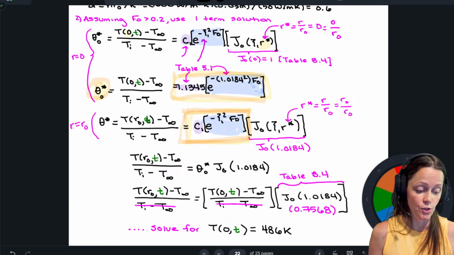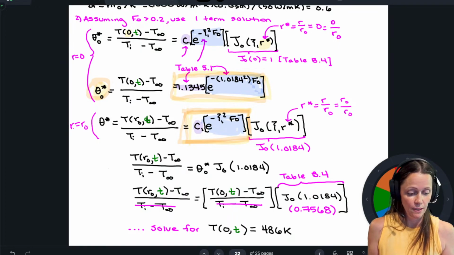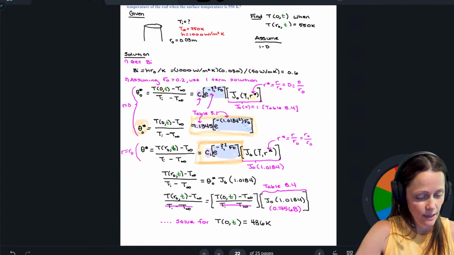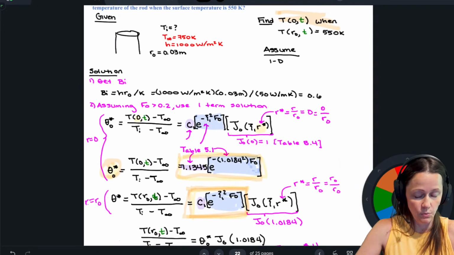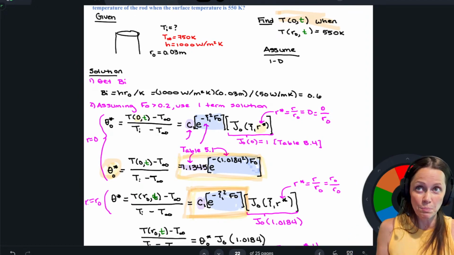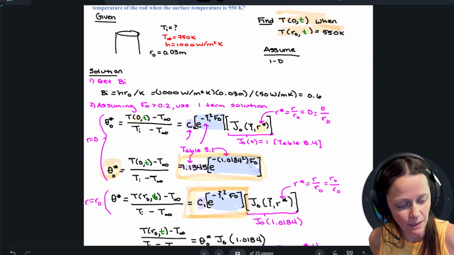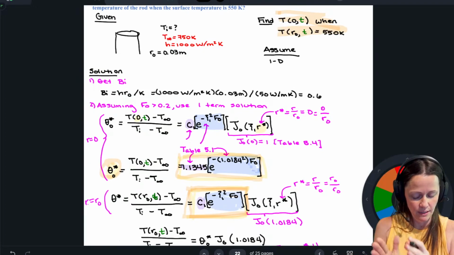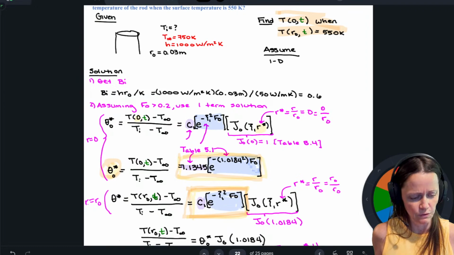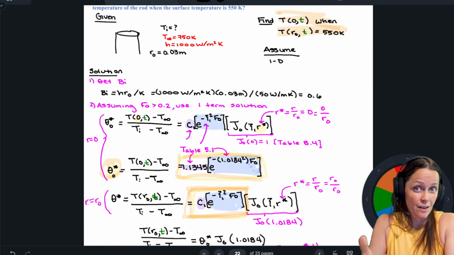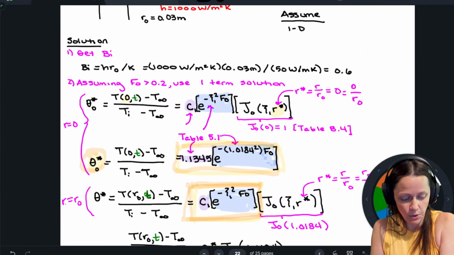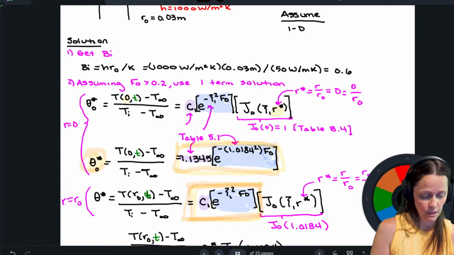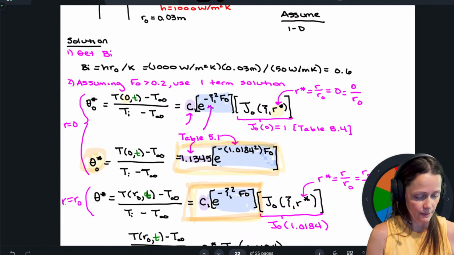It's only dependent on the time, and we are looking at the temperature at the center at the same time that the surface temperature is 550 Kelvin. So the time is the same when I'm defining things at R equals 0 and R equals R naught. Got it. Okay, yeah. Thank you. Yeah.